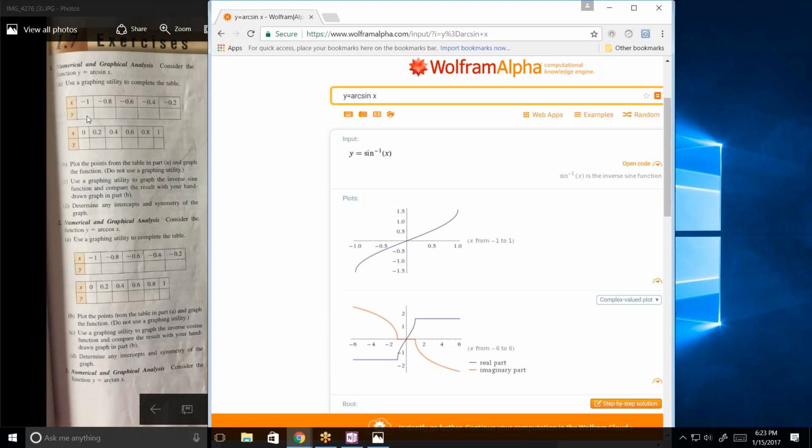If you put it into your calculator, you'll probably get pi over 2 or minus pi over 2. I'm not sure. But as long as we're reading off of this graph, let's use decimal answers. So what's the inverse sine of minus 1?